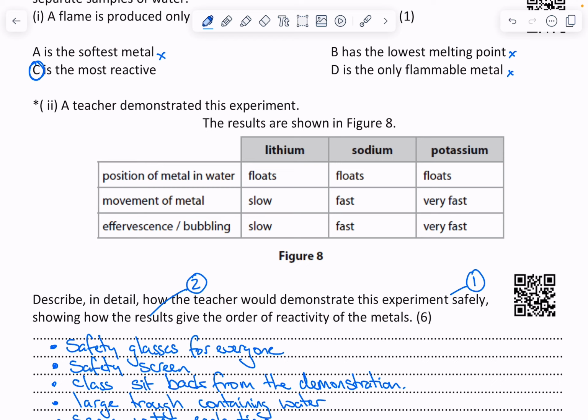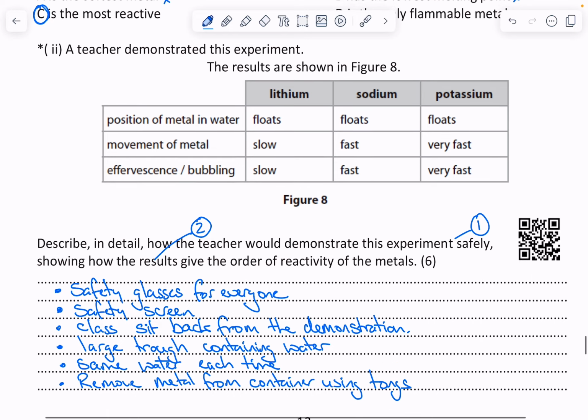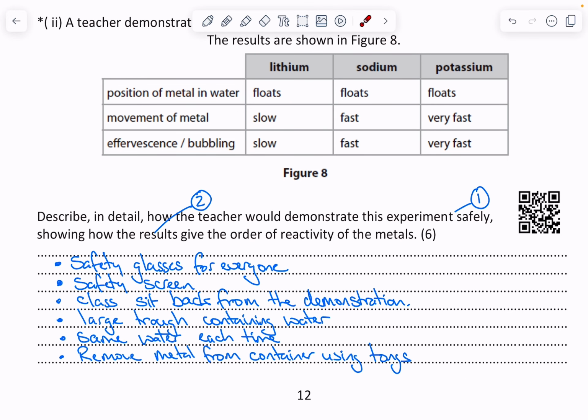Okay, so demonstrating it safely. Our precautions are that everyone, including the teacher, wears safety glasses whilst we do the experiment. We have a safety screen up, and the class sit back away from the demonstration.